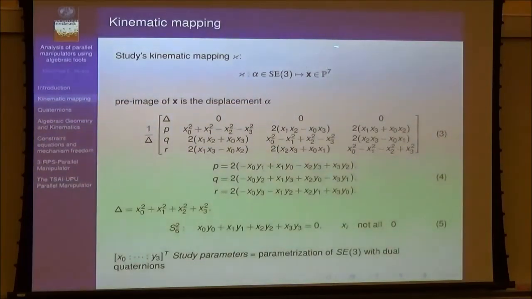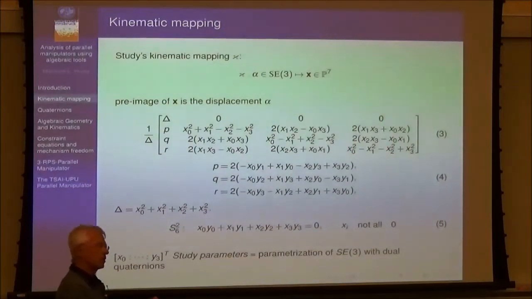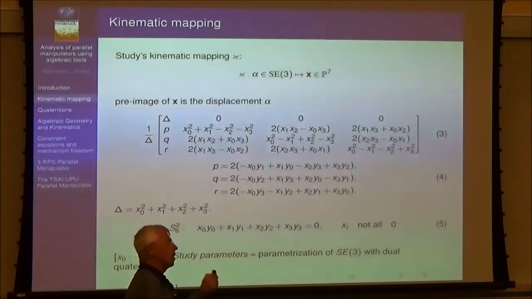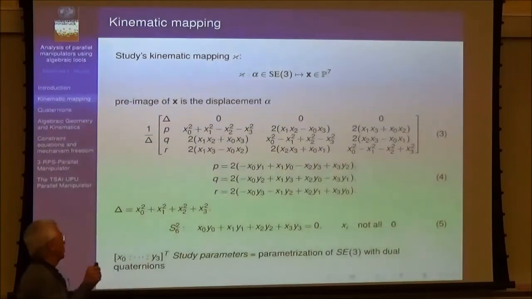this point in 7-dimensional space, we can do a back mapping. Well, we can look at the pre-image of this point. And we can look how this matrix is parameterized now using the coordinates of this point here. The coordinates of this point are written x0, x1, x2, x3, y0, y1, y2, and y3.